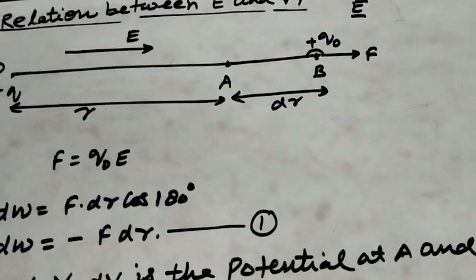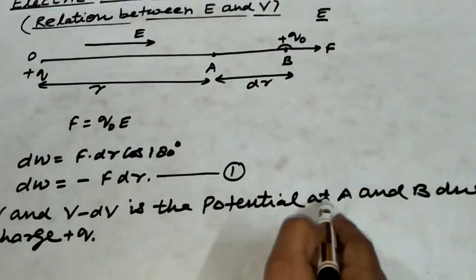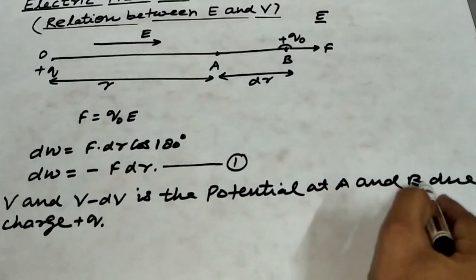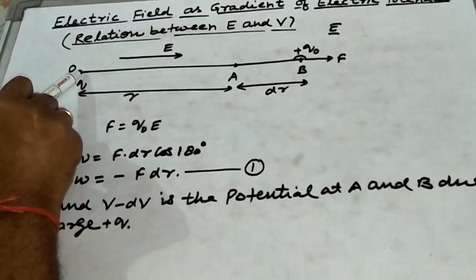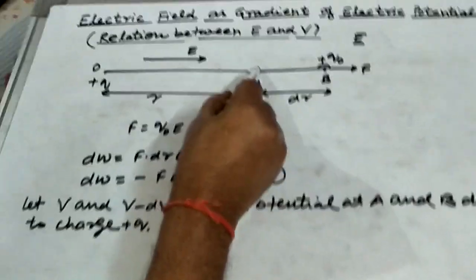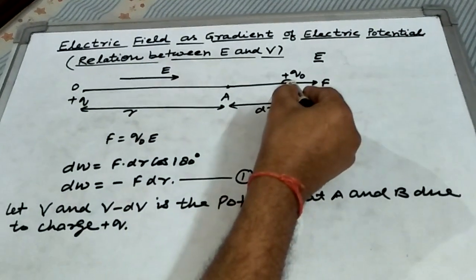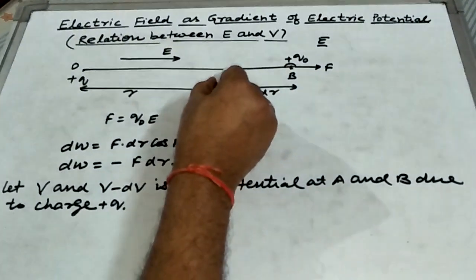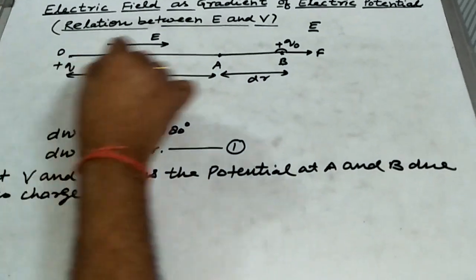Let V and V minus dV be the potential at A and B due to the charge plus Q. It means due to this charge plus Q, suppose the potential at point A is V, and due to the same charge plus Q, the potential at point B is less than V, because point B is far from A, also far from the charge.